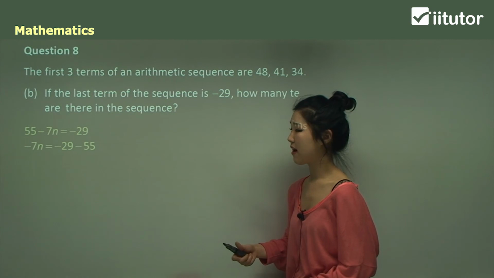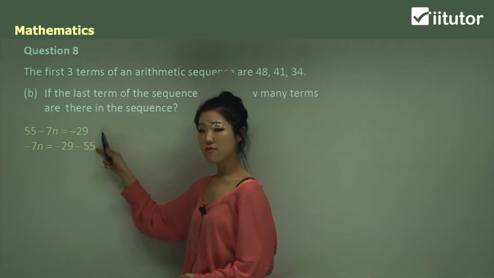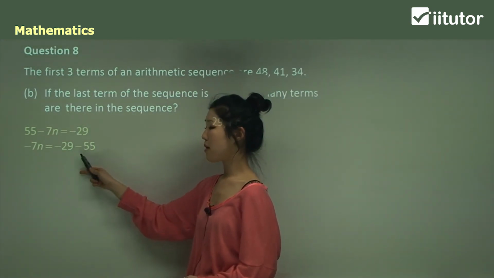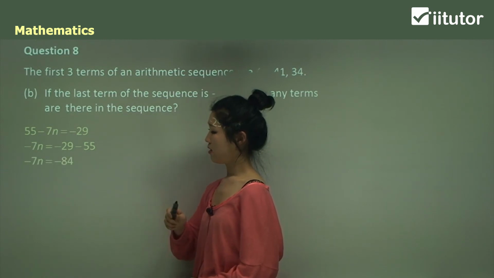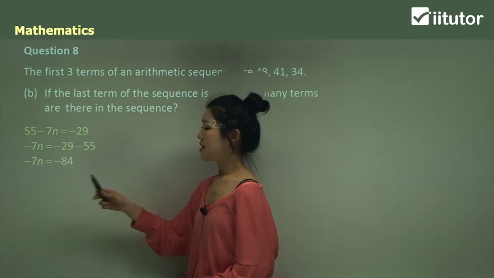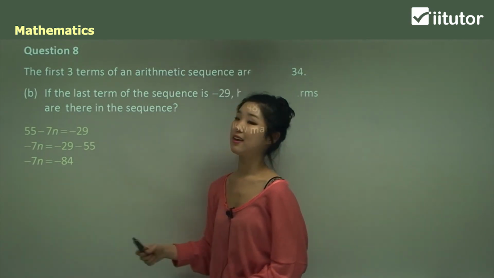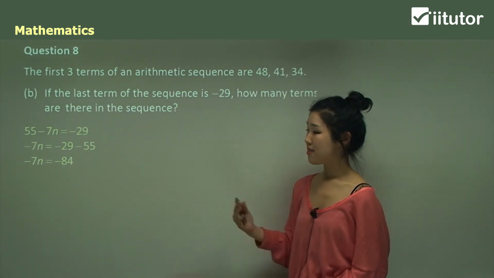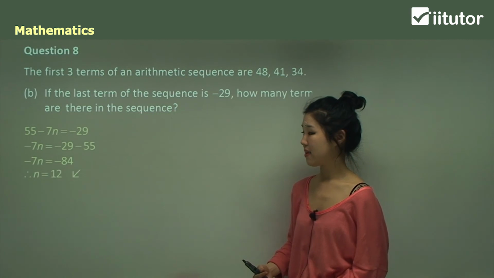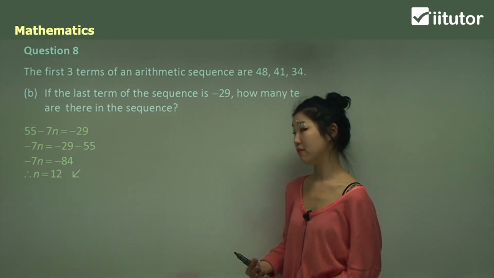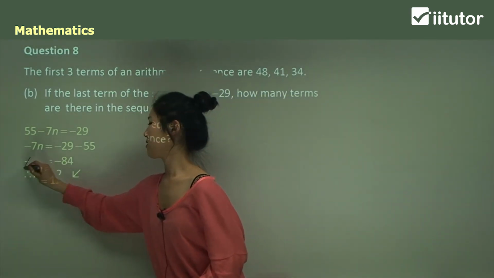So I'm just going to simplify it. I'm going to move 55 over, so I have negative 29 minus 55. So negative 7n equals negative 84, because negative 29 minus 55 is negative 84. Simply divide both sides by 7, guys, and you should get n equals 12. See how the negatives, we can just cancel that.